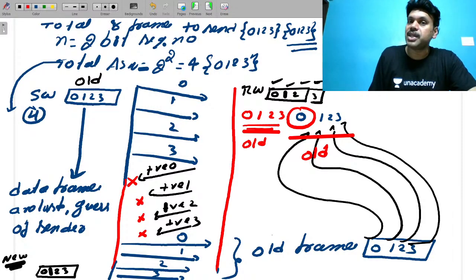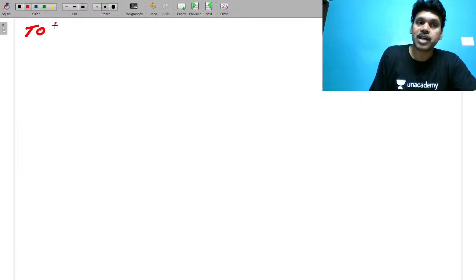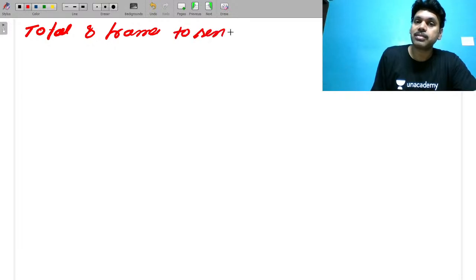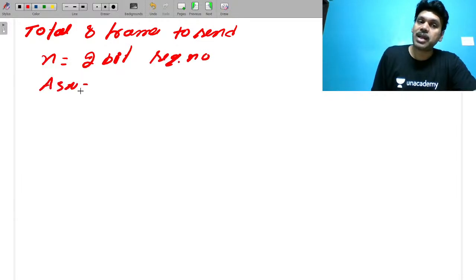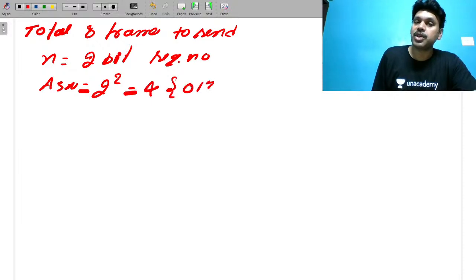Total 8 frames to send. Observe my dear friends, total 8 frames to send. But unfortunately your n value is a 2-bit sequence number, so you are limited in the sequence numbers you can use. Your available sequence numbers are 2 power 2, which is 4: 0, 1, 2, 3.